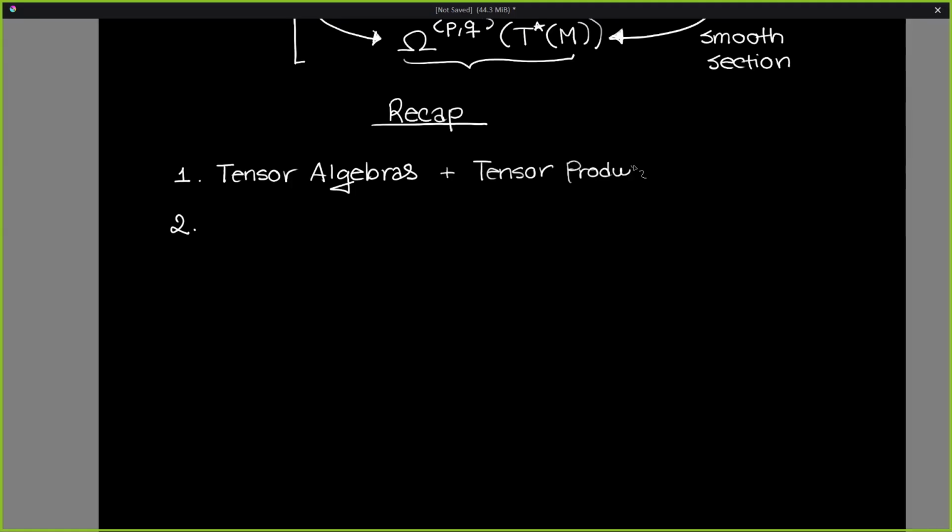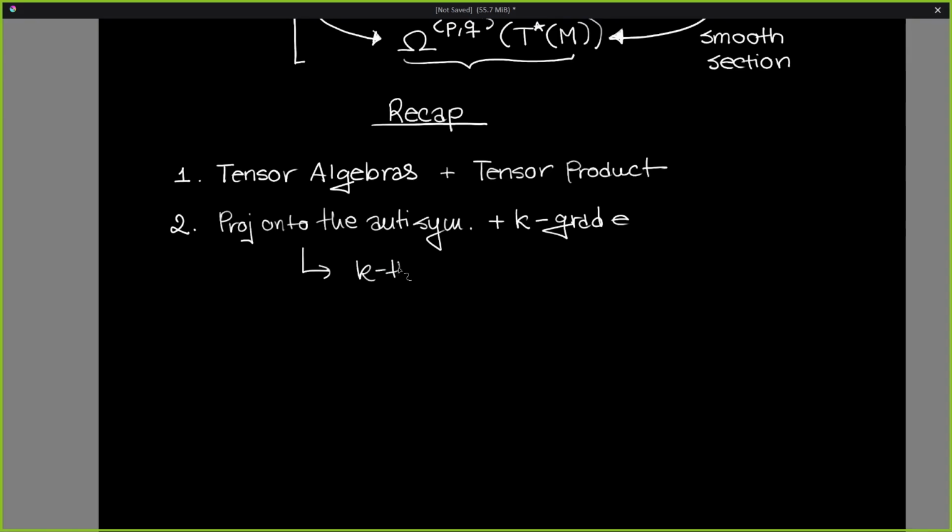Then we took the projection onto the antisymmetric part, and we considered a single grade k. That gave us the kth exterior algebra. I also keep forgetting to mention that the product would be the exterior product.